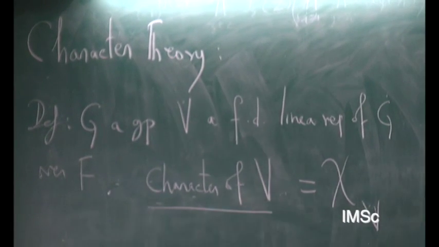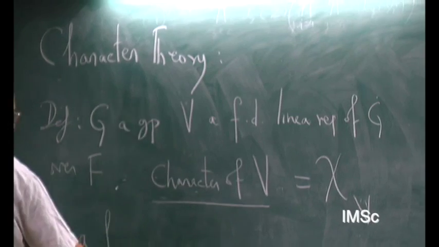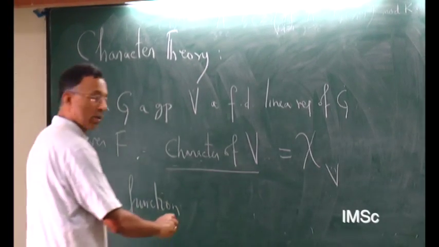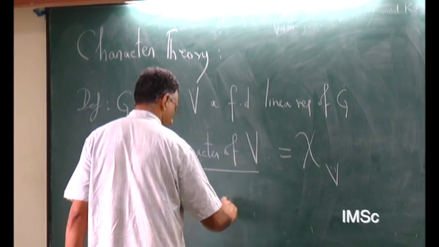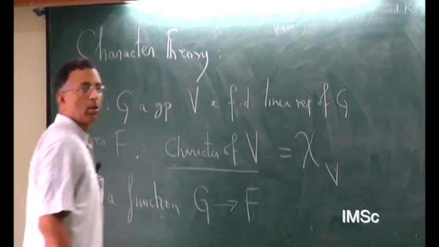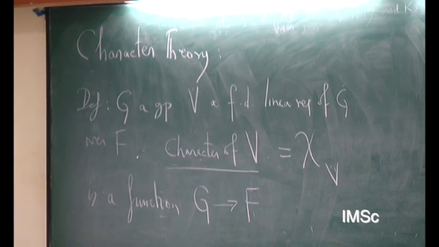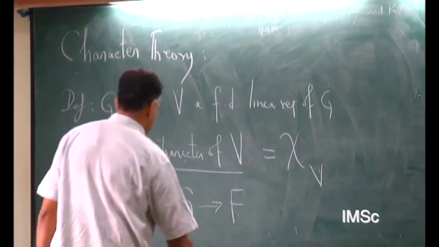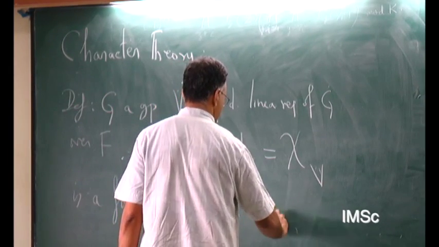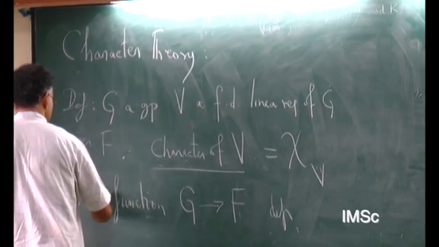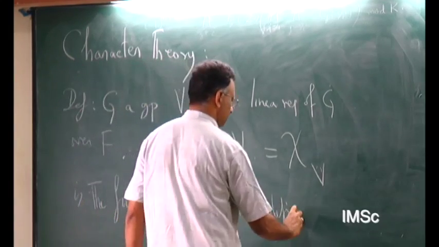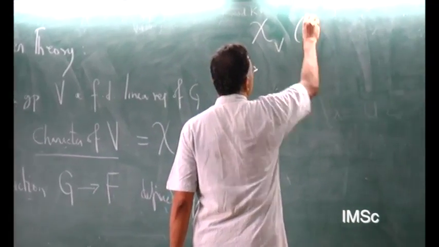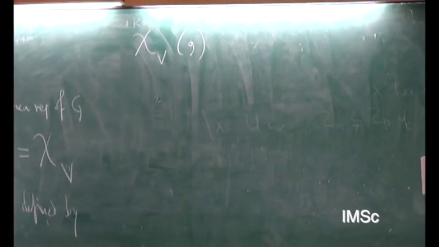This is a function from G to F. It is an F valued function on G, defined by chi of V, its value on an element.